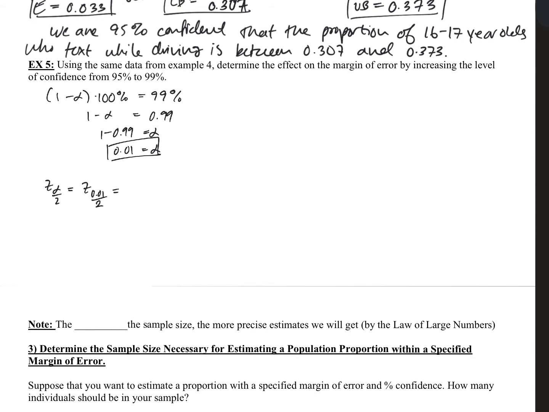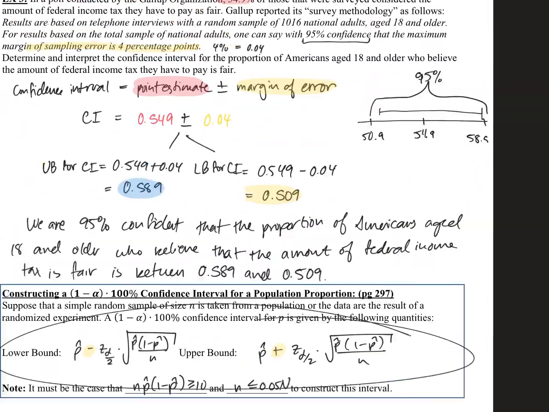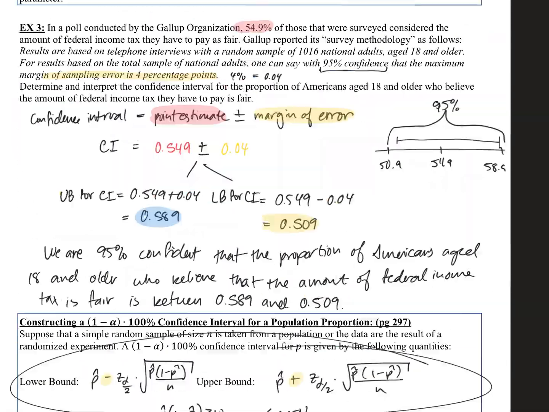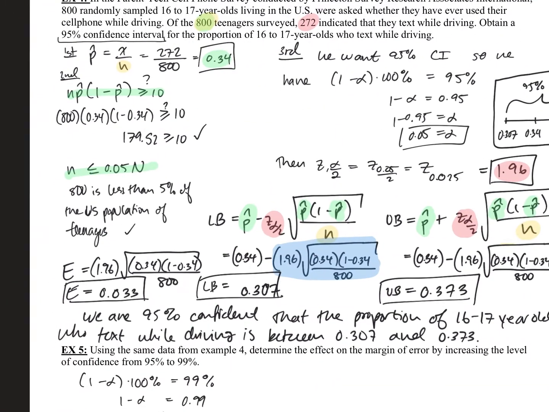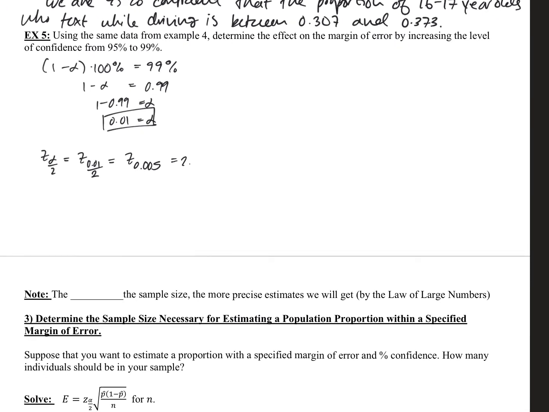That simplifies out to z of 0.005. Once again, let's look at our table to figure out what that is. We're looking for a confidence interval of 99%. Area in the tail, yep, and 2.575. So let's write that down, 2.575. And let me just move this over just a little bit.